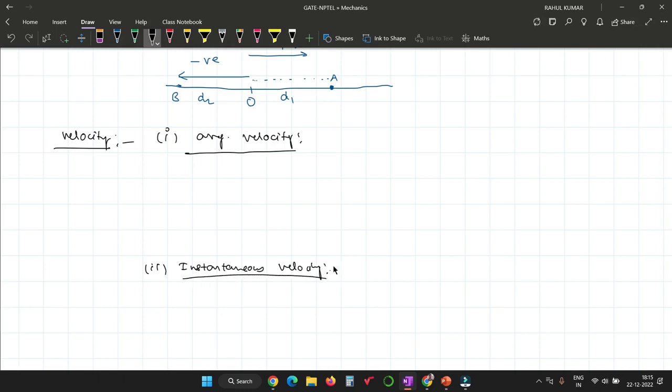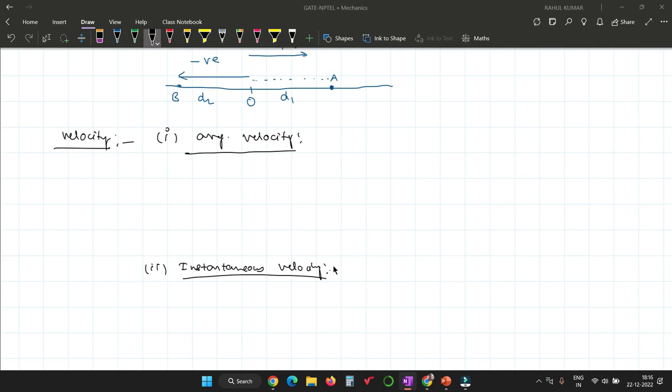What is the difference between these two? Average velocity is the average of velocity at 2 points. It doesn't depend how large the distance is. Whereas instantaneous velocity is velocity when we take the limit, very small limit. So you are saying that the average of the velocity at 2 points, right? Yes.